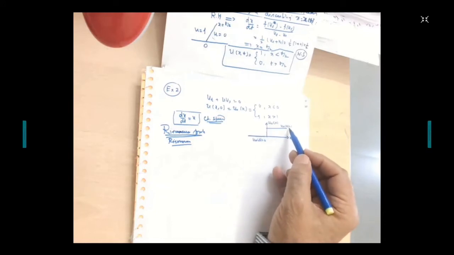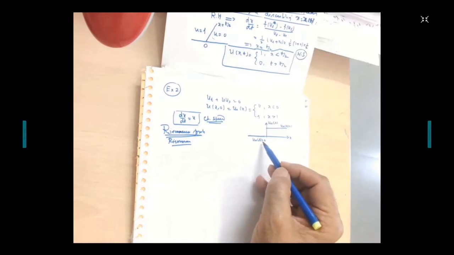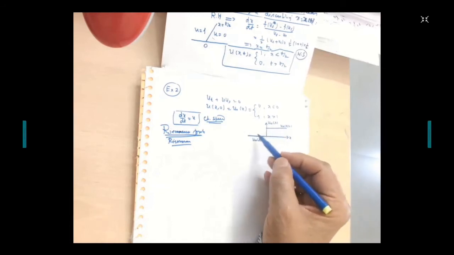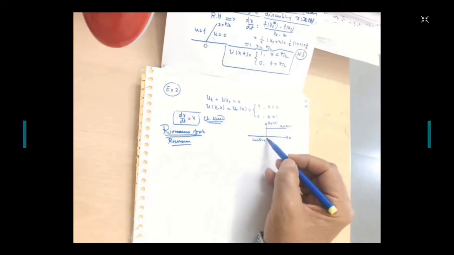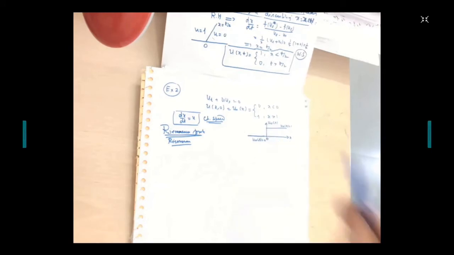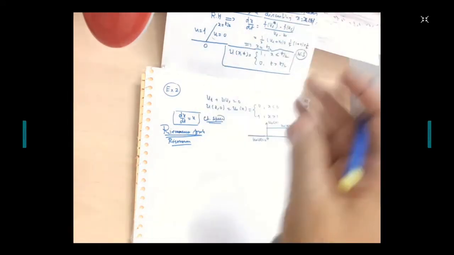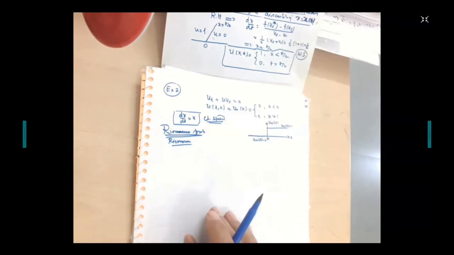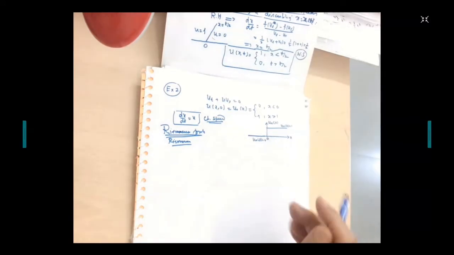So u naught x is 1 on one side, and u naught x is equal to 0 on the other, and these two constant states are separated by a single discontinuity located at x equal to 0. So this is referred to as the Riemann problem. Here in all these problems, in fact, we are finding the solution of the Riemann problem. Earlier we considered the Cauchy problem, right? But here these are Riemann problems.